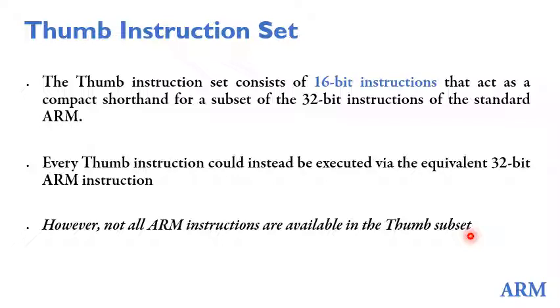For such cases, the 32-bit ARM instructions have to be used. So the program is written in such a way that the tasks which can be done using thumb instructions are written with them, and the tasks which do not have an instruction in the thumb set are written using ARM instructions.